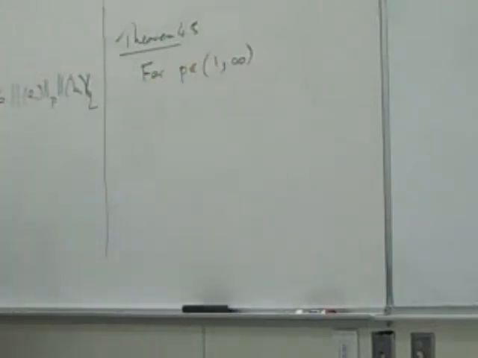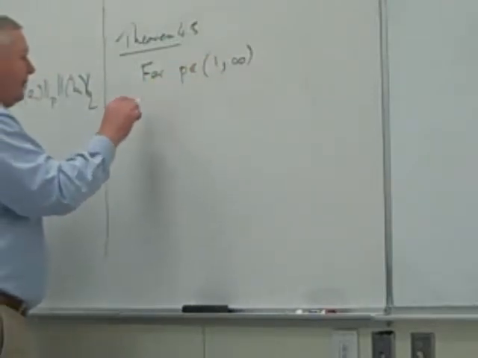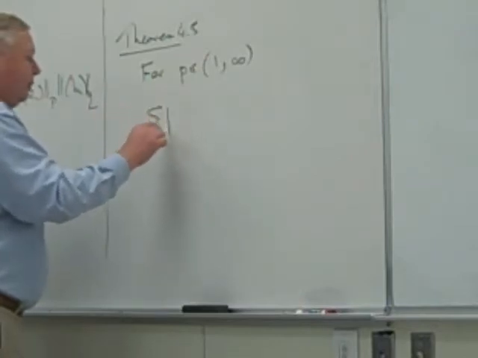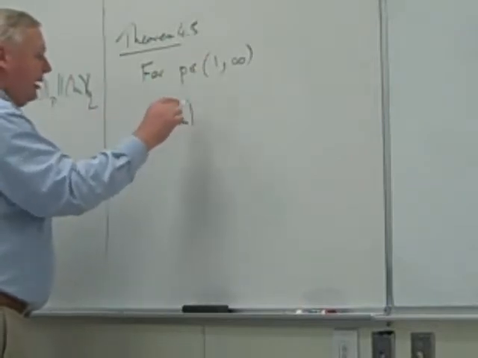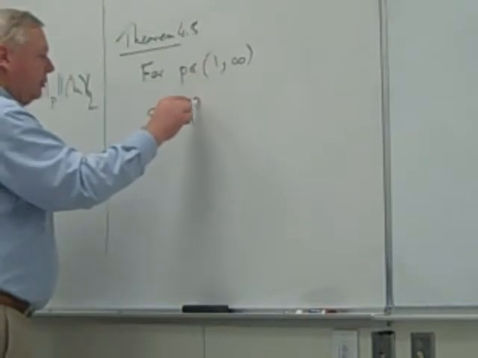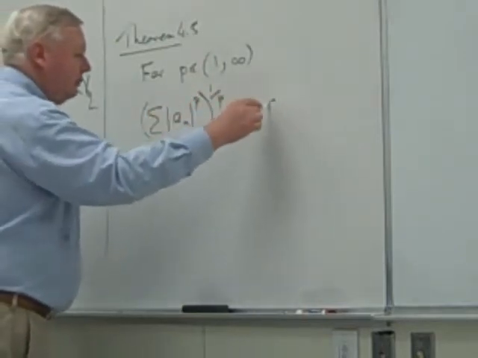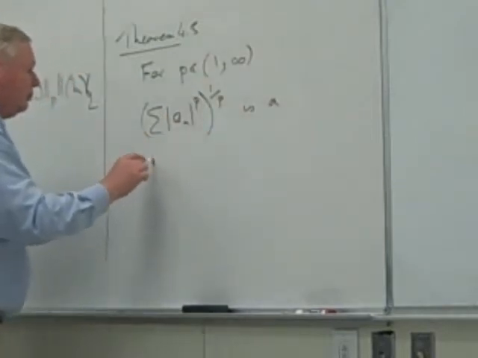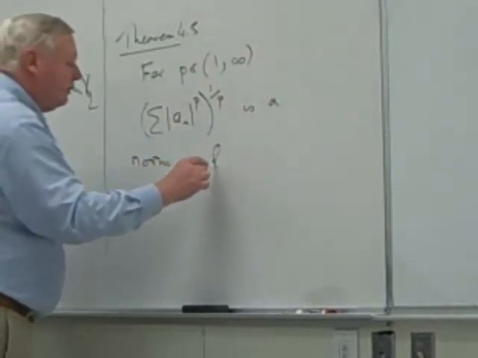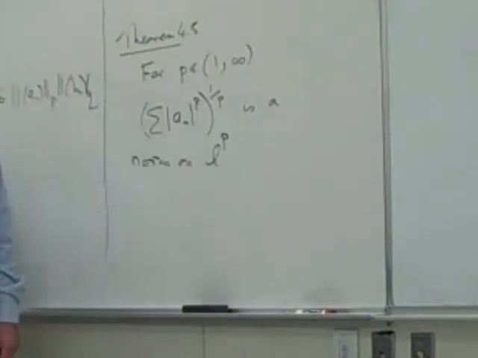For p between 1 and infinity, the sum of the absolute value of a_n to the p, to the 1 over p, is a norm on little l^p.